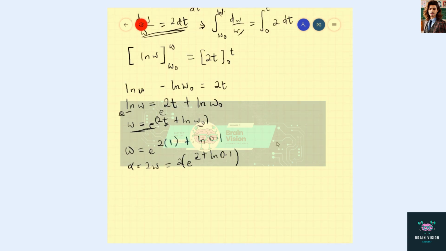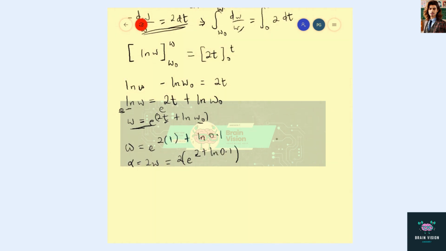Remember that the formula for angular velocity using integration is d theta dt. So angular velocity dt is equal to d theta, and we can replace the angular velocity with what we have here and integrate both sides.